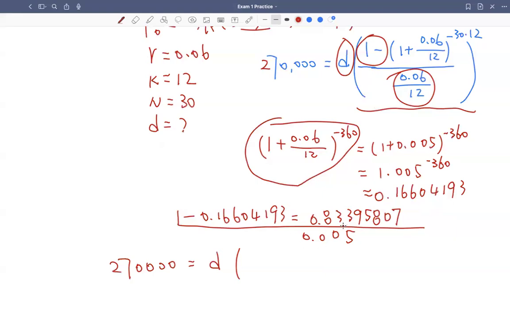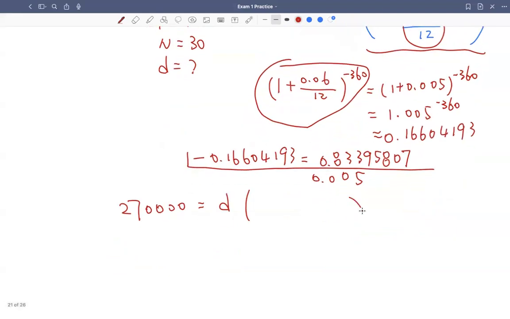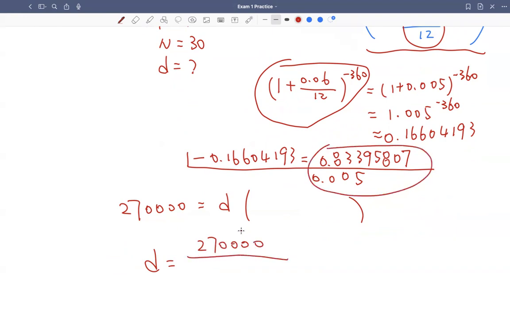So when we divide those two numbers, what do we get? So we get a number. So basically, we want to divide. So D equals 270,000 divided by this number. Right, divided by this number.